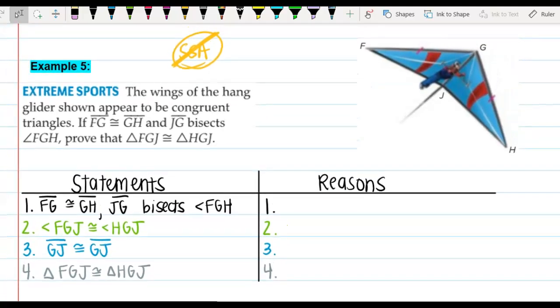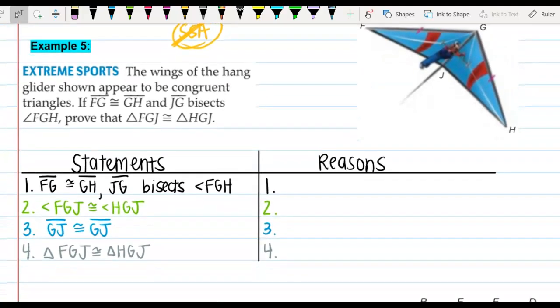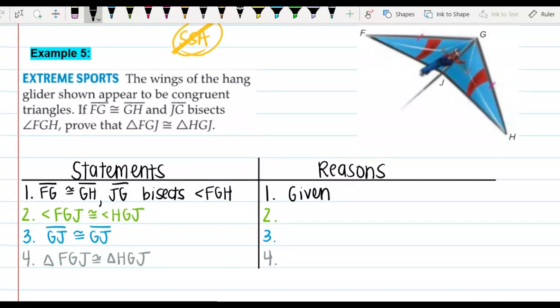Let's do 5 really fast, just so you have this example finished. So number 1 is obviously our given. Okay, let's make sure it's labeled. We have FG is congruent to GH. That's labeled, but let's just mark it a little darker for ourselves and say that this is the side.